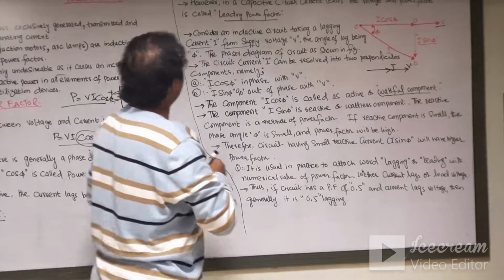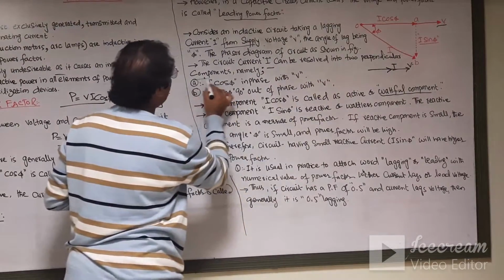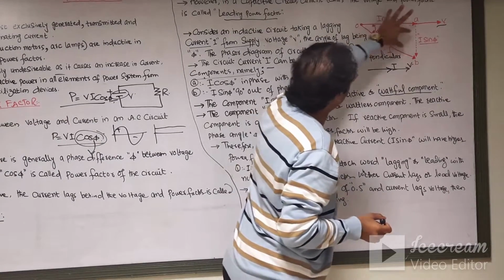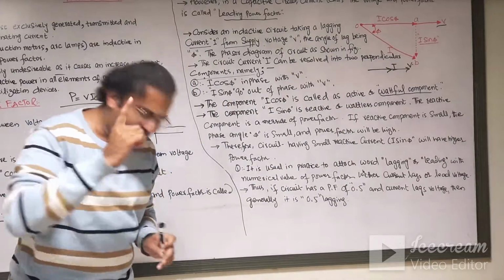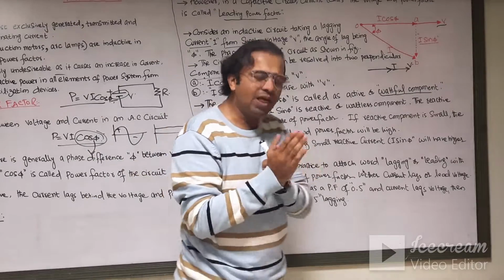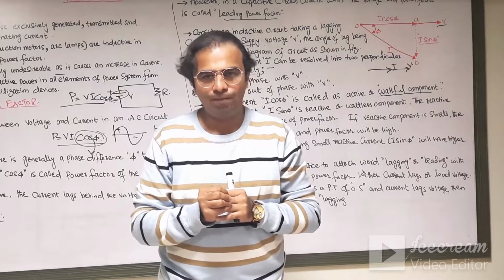So here in the phasor diagram, the circuit current can be resolved into two perpendicular components. The first component is I cosine phi, which is the active component or the wattful component.